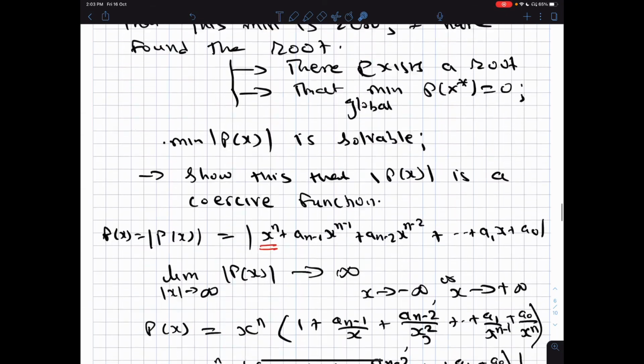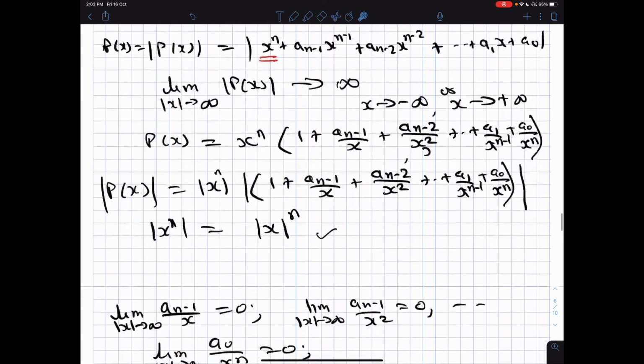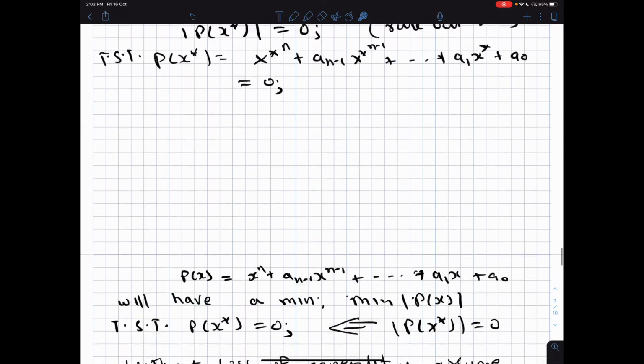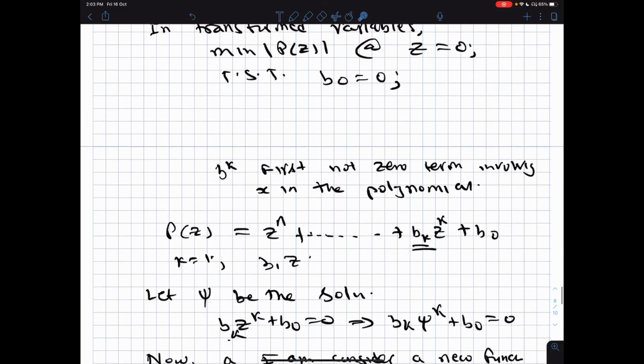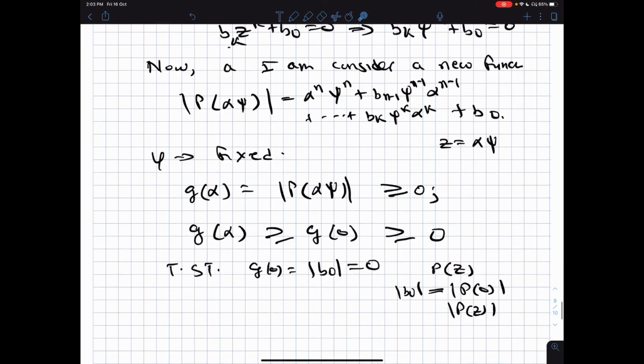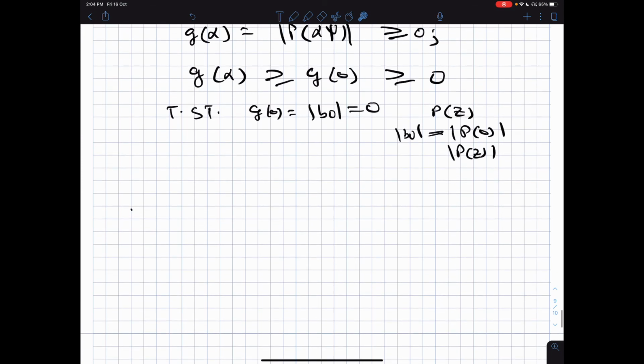So where am I? I have gone too far ahead. So done with this part. I'm done with this part. I seem to be missing out some things here. Okay, fine.